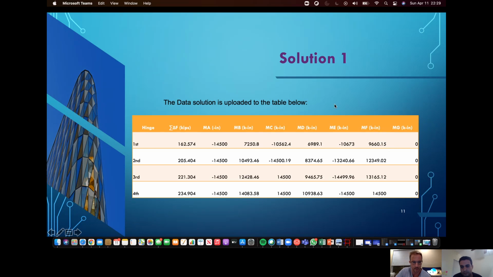The last hinge was added at point F, and it shows that the structure collapses when adding the hinge at point F.